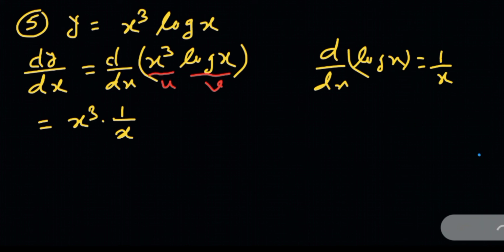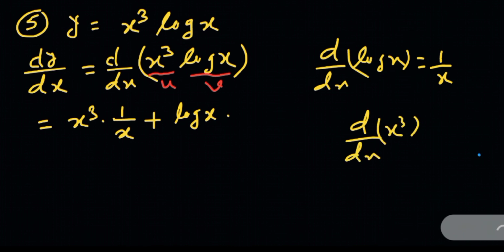Okay, plus v as it is, v means log x as it is, and the derivative of x cube, using the x to the power n formula, is 3 into n into x to the power n minus 1. So 3 into x to the power 3 minus 1, which is 2. So 3x square. Okay, so we have to write directly, otherwise the solution will be lengthy.